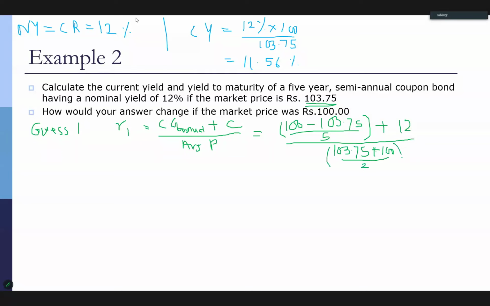Because I made a mistake actually. 11.04. Okay. Yeah, 0.04. So here now you can use 11.04 as your R.